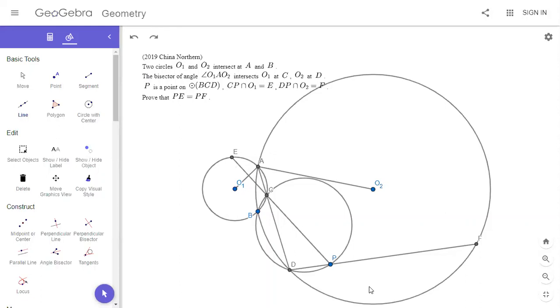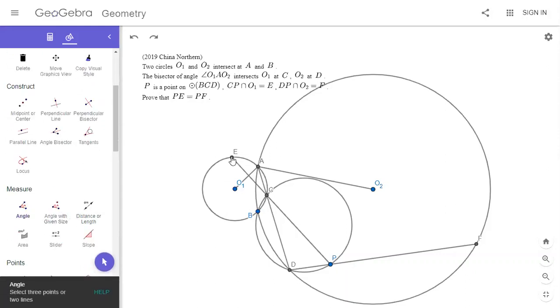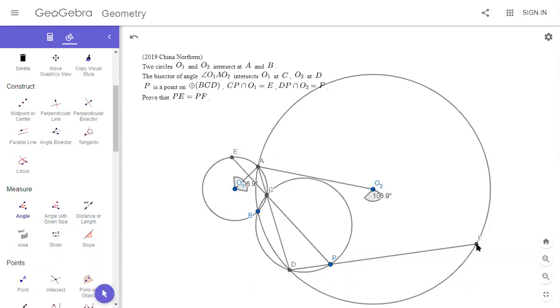Let's see. So we want to show half of angle EO1C. We want to show angle EO1C is equal to angle DO2F, basically. Just check that quickly, but yeah, EO1C, DO2F.